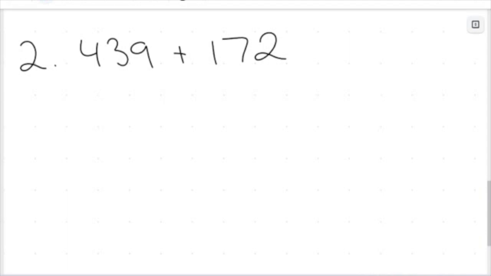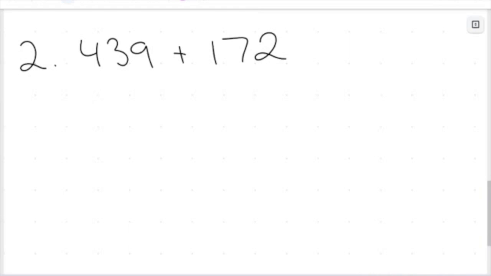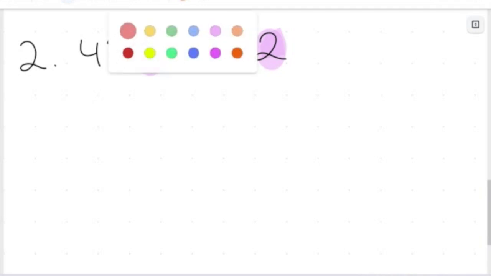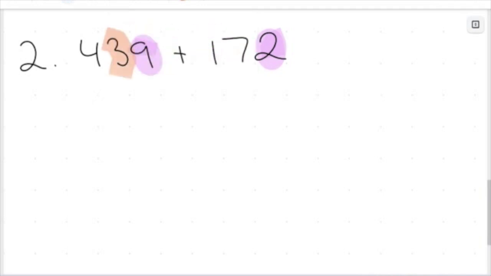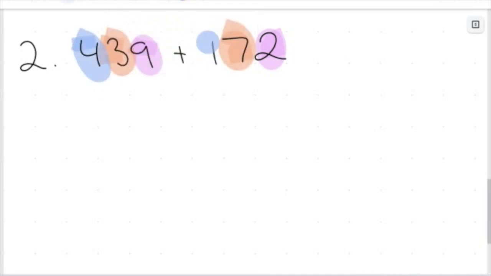I'm adding these 2 numbers, and I'm going to color code these again just so you can really distinguish between the ones, the tens, and the hundreds in this case. So I have my ones here. I have my tens here. And I have my hundreds now, because this is an even bigger number, right? So now I'm dealing with the hundreds too.